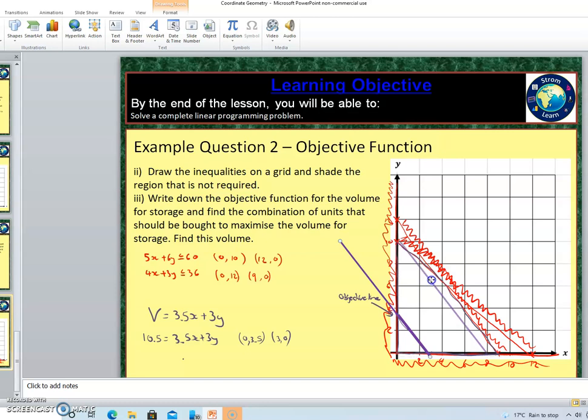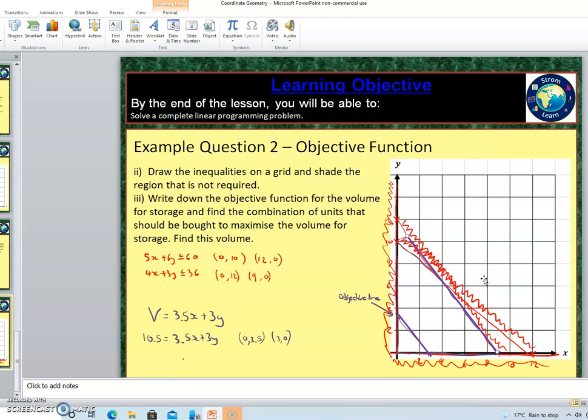I'm going to keep going, and there we can see I'm passing through the vertex at the bottom at 9, 0, and I keep going and slightly past that. At this point, I pass through the final vertex of the feasible region. So that line there represents the objective line with the maximum value of V.